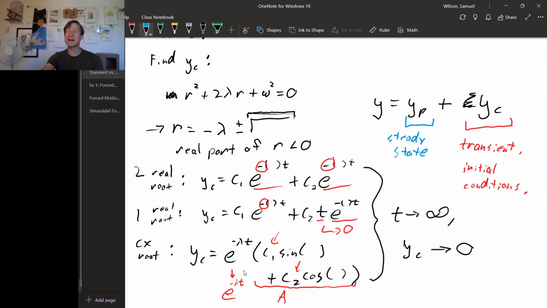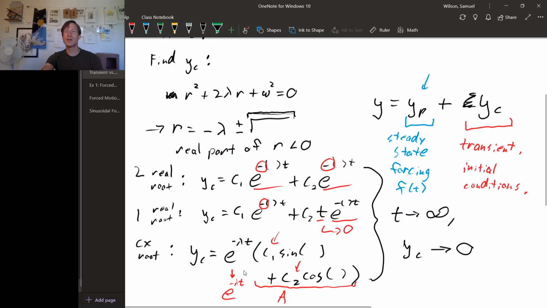If you think back to examples where we've found a particular solution, the initial conditions have never come into finding the particular solutions. The initial condition only determines the complementary solution. So for the steady state, the initial conditions don't really matter at all. It's just the system together with the forcing function f of t that determines the steady state.